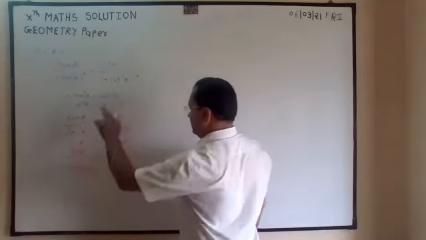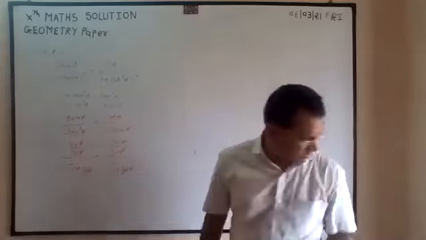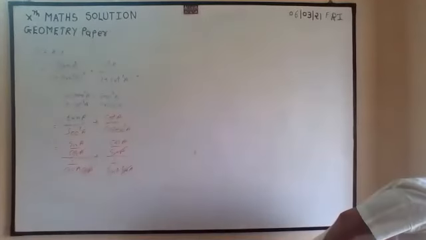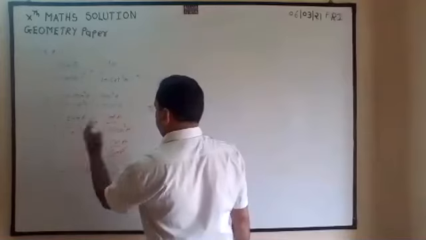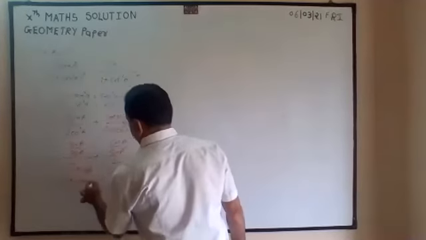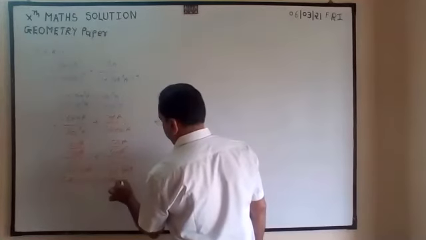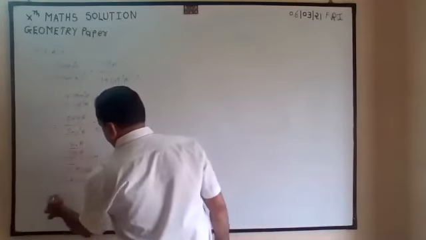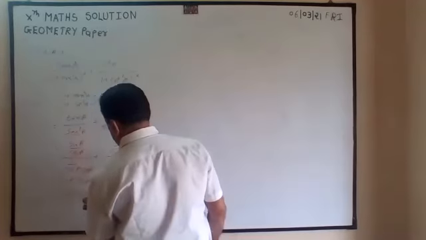Now if you invert, this will go up. So sin a cos a, this will also go up, so cos a dot sin a. So 2 times sin a dot cos a.